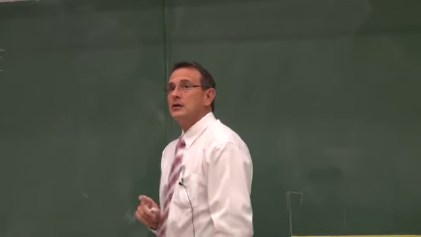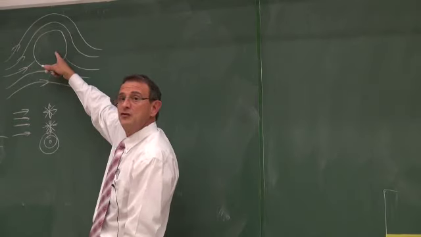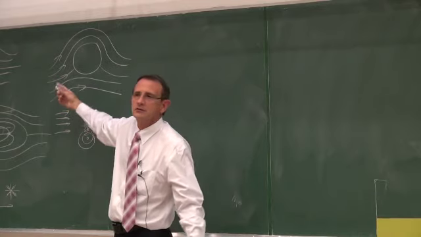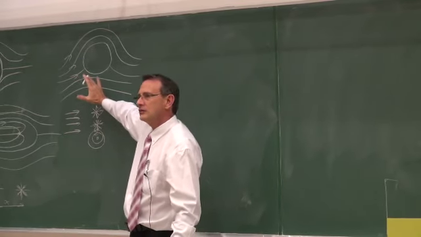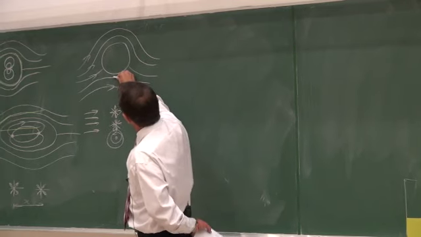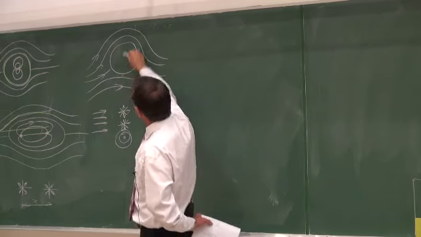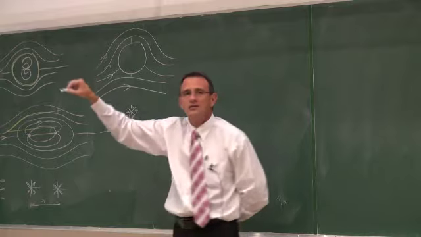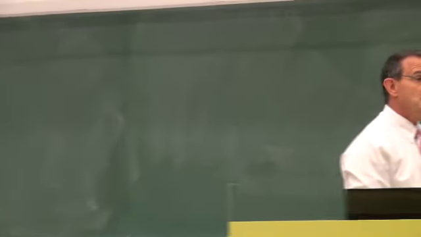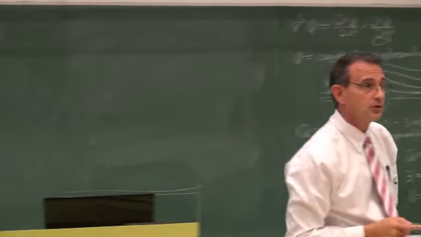Now the interesting feature of this velocity distribution, if you look carefully, my sketch obviously isn't that nice, you can go and draw it out exactly, is that the distance of this streamline and the distance of that streamline are not the same, which means that the velocities are not equal.